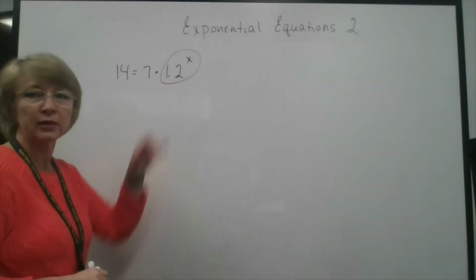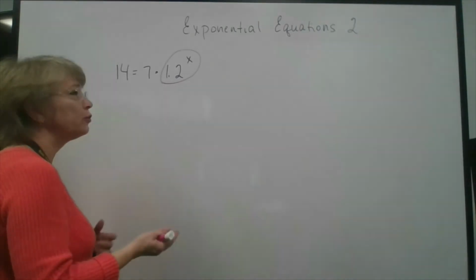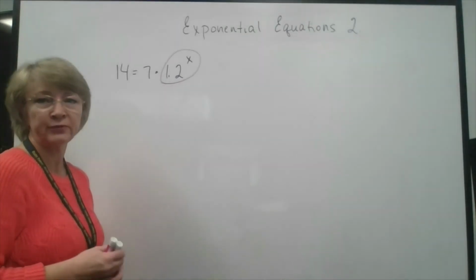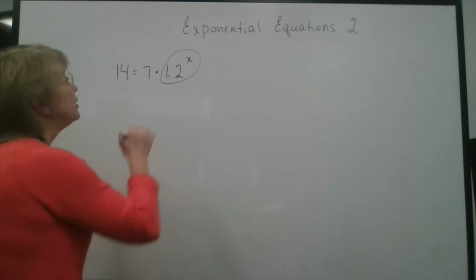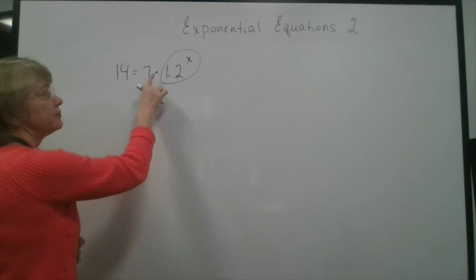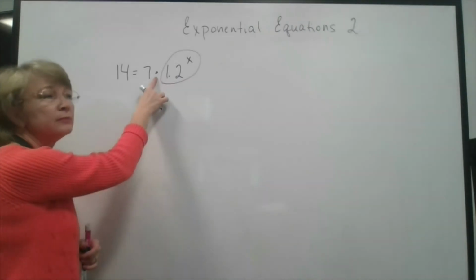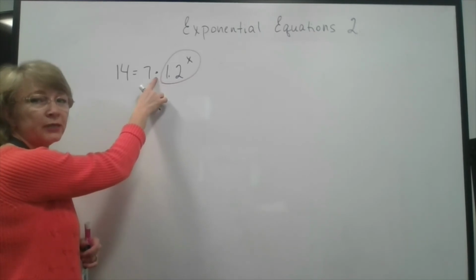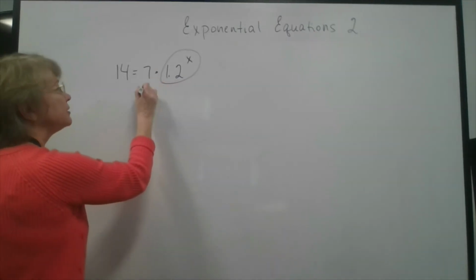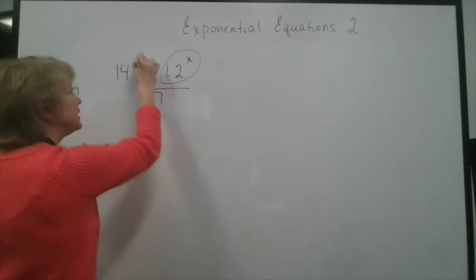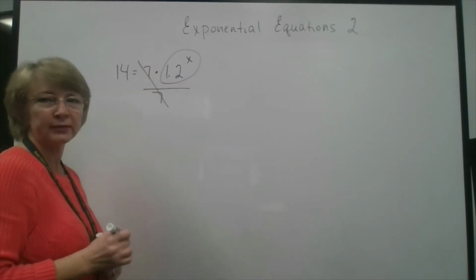Circle it. It will help you to see what you want to have on one side and what you have to get rid of. We have to get rid of 7. Do you see multiplication? What is the opposite of multiplication? Division. This is why we have to divide by 7, so 7 will cancel out.